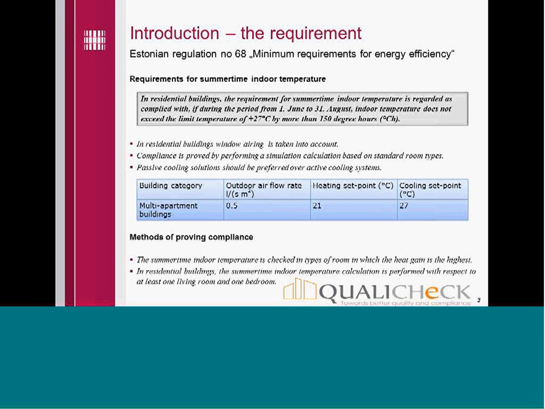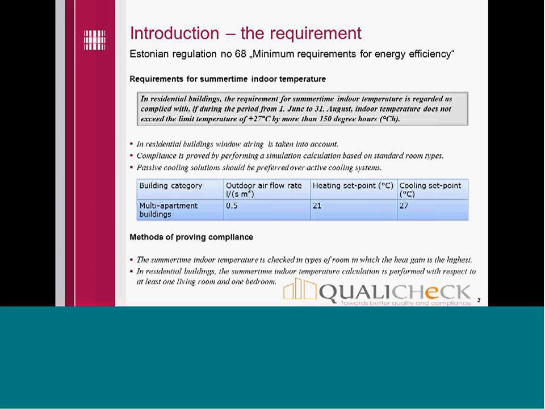So I have first some introductory slides about these Estonian requirements. In Estonian regulation, it is said that the temperature limit is 27, and there is a fixed calculation procedure. According to that, you should run a simulation, and between June 1st and August 31st, the temperature excess hours cannot be more than 150 degree hours.